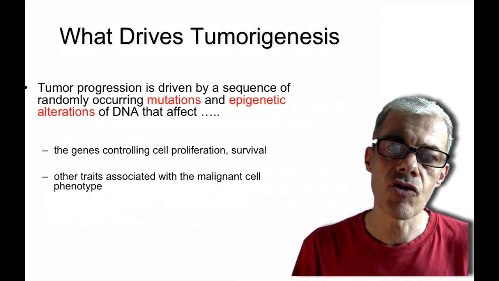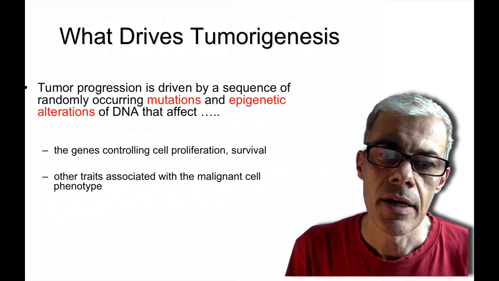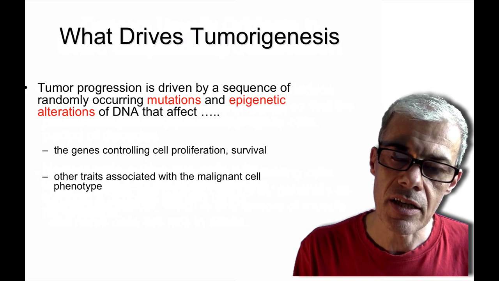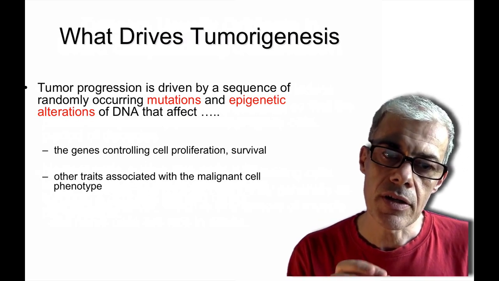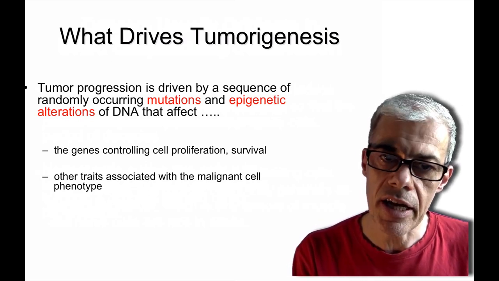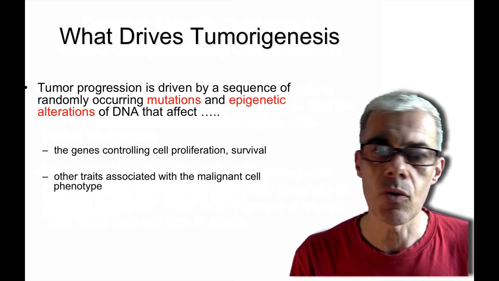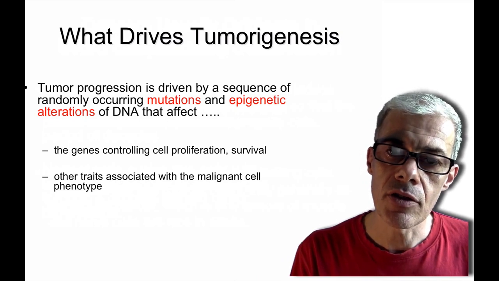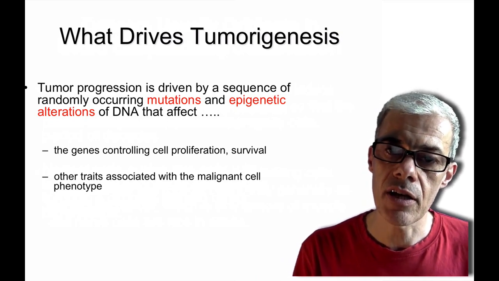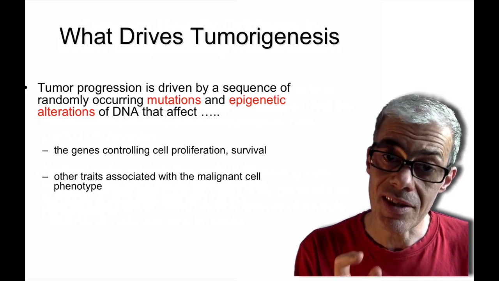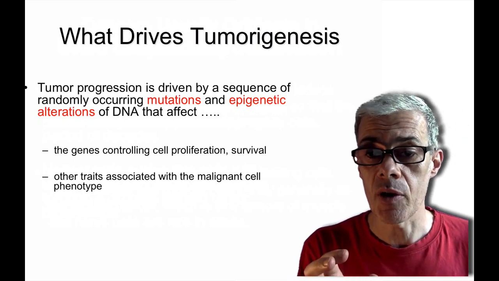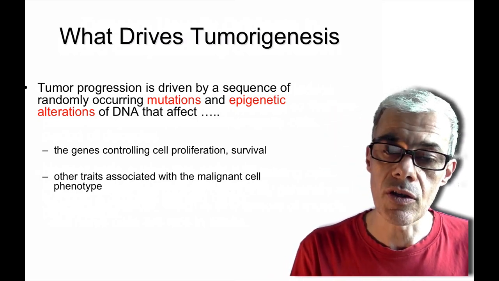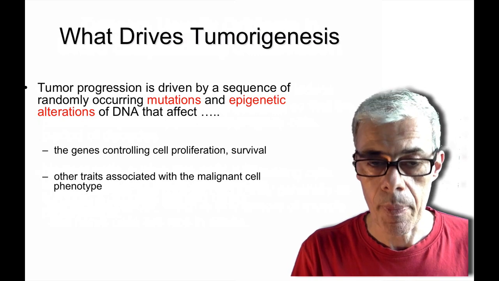So what is it that drives tumorigenesis? Effectively, it's a series of genetic mutations or epigenetic alterations. These are mutations in the DNA that affect coding sequences or promoter regions that affect gene expression levels. This gives rise to different amounts of proteins in the cell, and to proteins with different sequences, and therefore these proteins are not able to function, or function hyperactively.